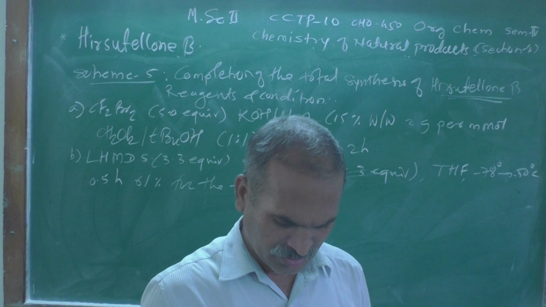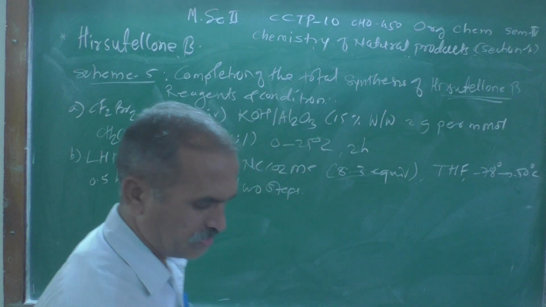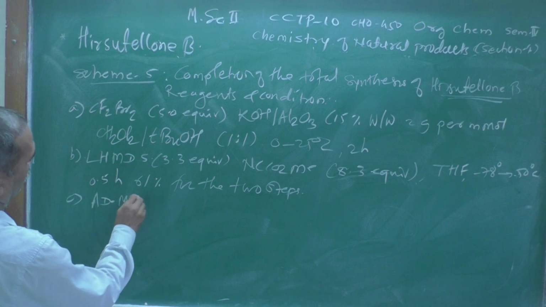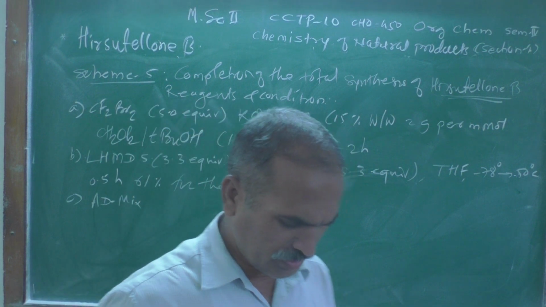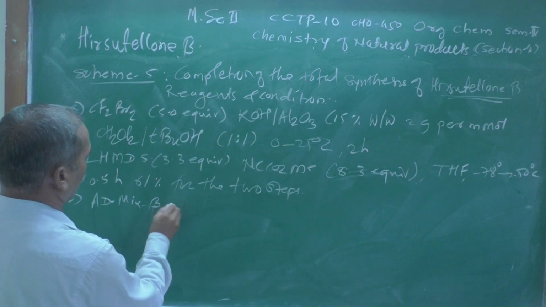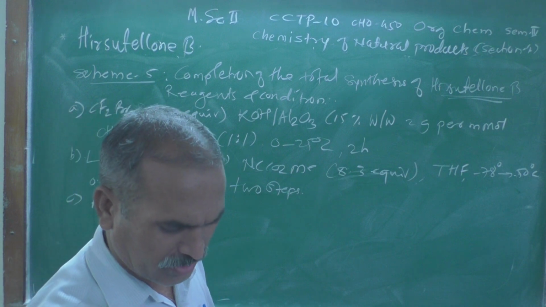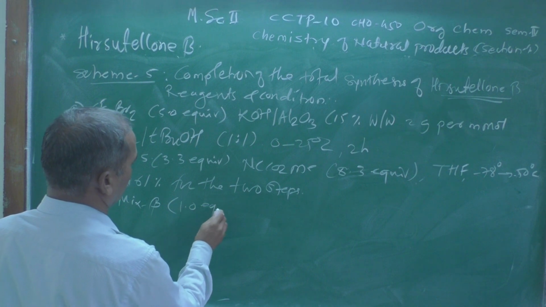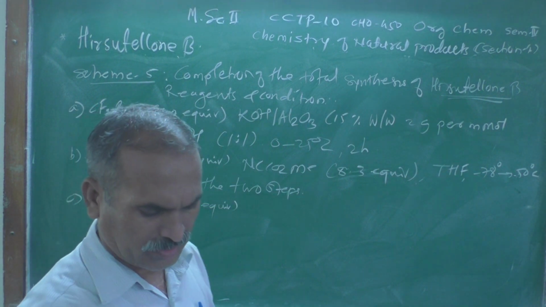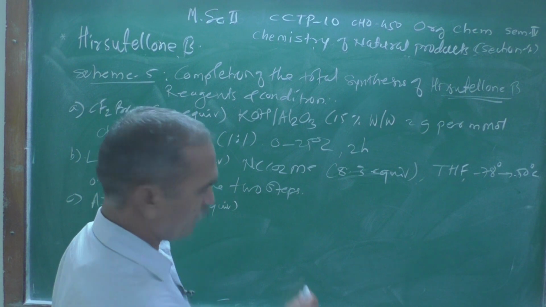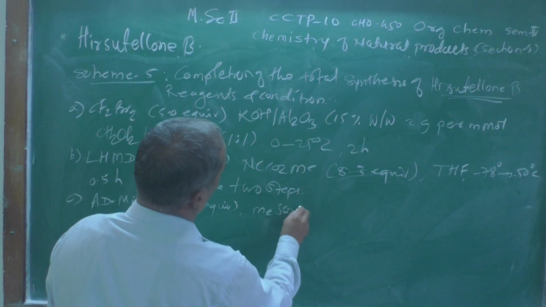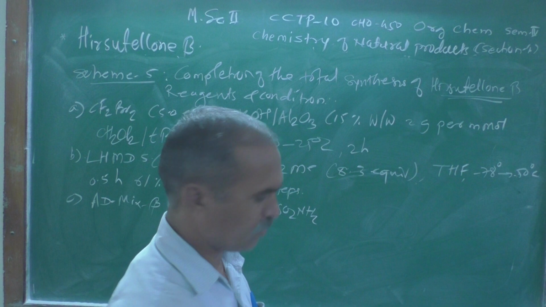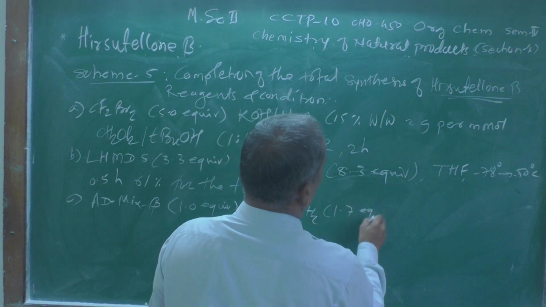Now reagent C. Reagent C will be this one, AD-mix-beta, taken as 1.0 equivalent, and MeSO2NH2, which is 1.7 equivalent.